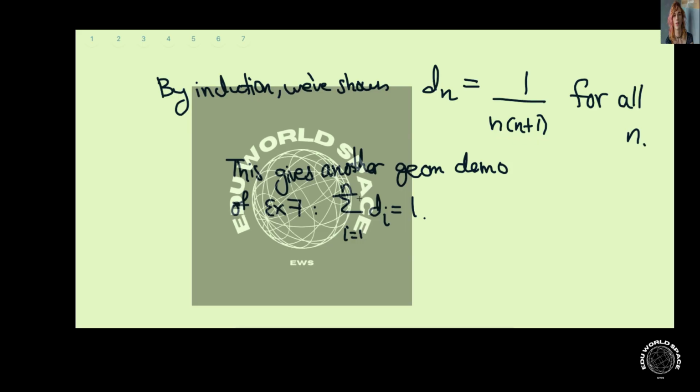So in other words, the sum of all the diameters equals 1. And that's our final answer.